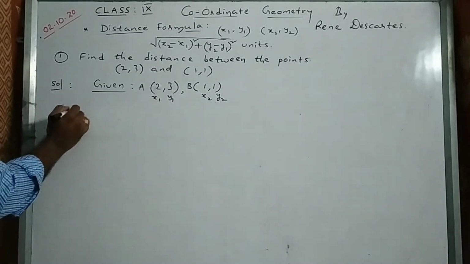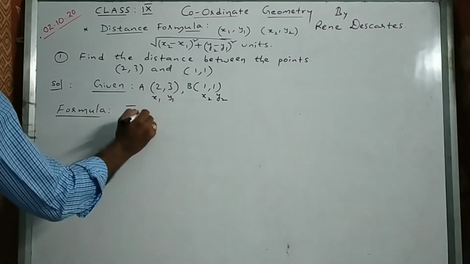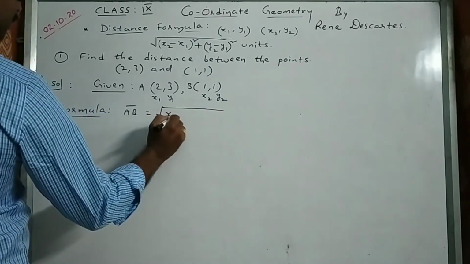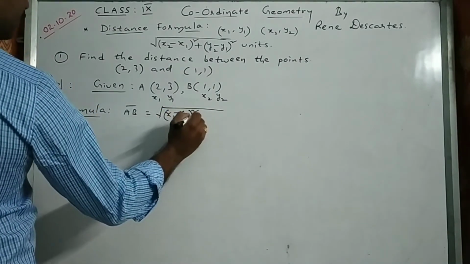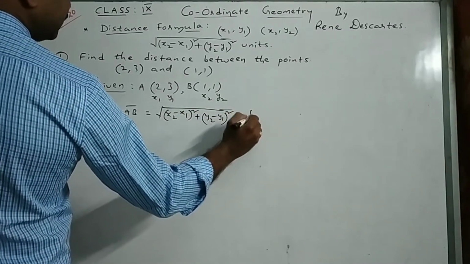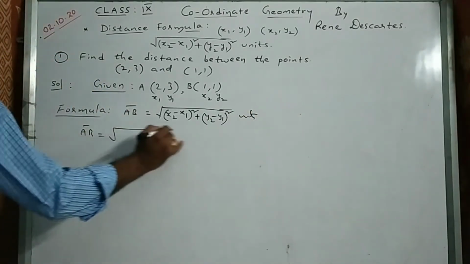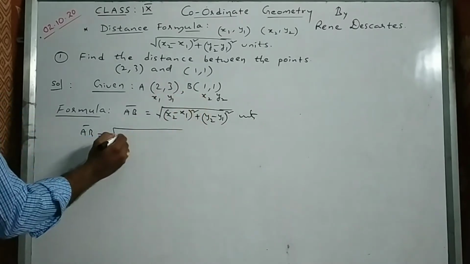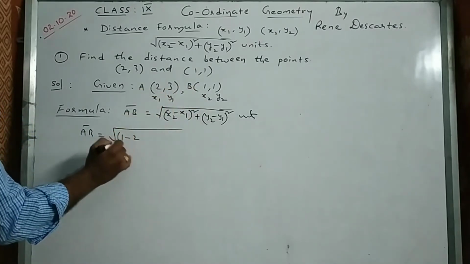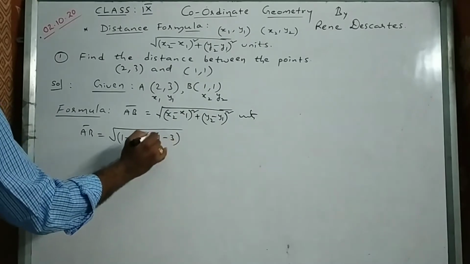So write the formula first. What is the formula to find the distance between these 2 points? AB bar is equal to square root of x2 minus x1 whole square plus y2 minus y1 whole square units. Now I will find the distance. Square root of x2, which is 1, minus x1 which is 2, whole square, plus y2 which is 1 minus y1 which is 3, whole square.